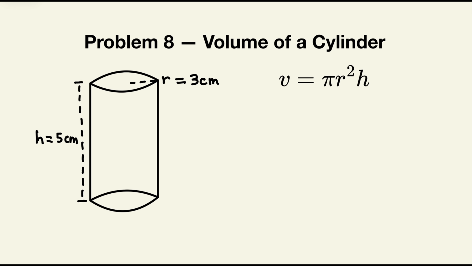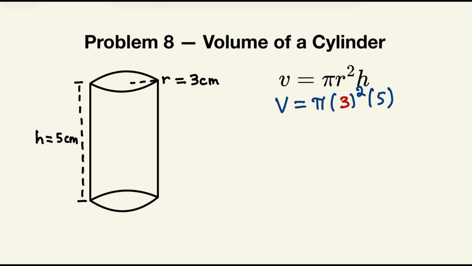Let's fill in those values that we have right now. So we have the volume, which equals pi, and the radius is given to us as 3 centimeters. So that is 3 centimeters squared, and times the height. The height is given to us as 5 centimeters.